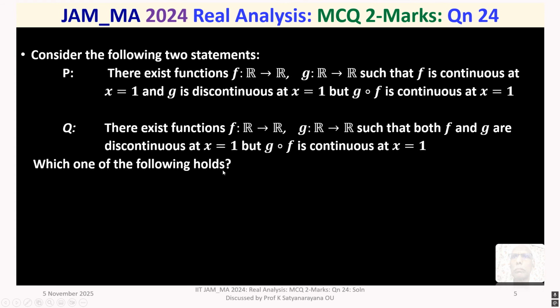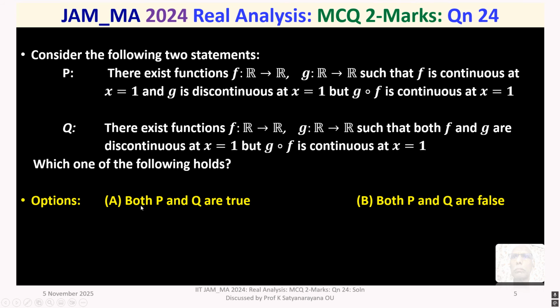Which one of the following holds good? We are given 4 options. Option A, both P and Q are true. Option B, both P and Q are false. Option C, P is true but Q is false. Option D, P is false but Q is true.